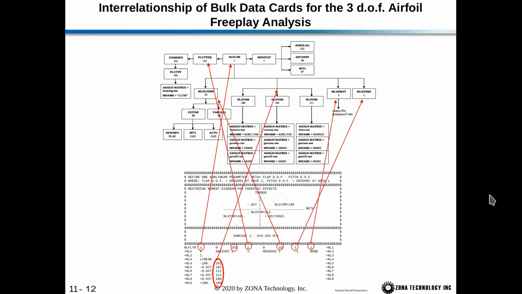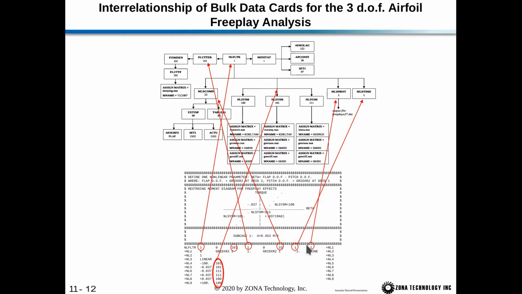These are the bulk data card interrelationship diagram, and then the nonlinear flutter card. So the nonlinear flutter card, we have an ID of 1, which refers to the flutter card with ID 101. The MLD command is the external disturbance, so the 33 refers to the MLD command.